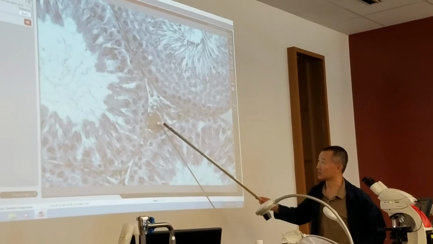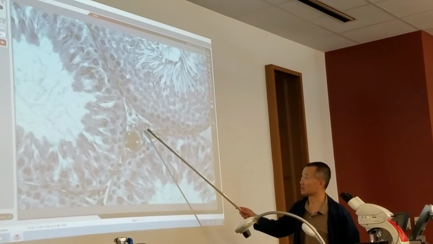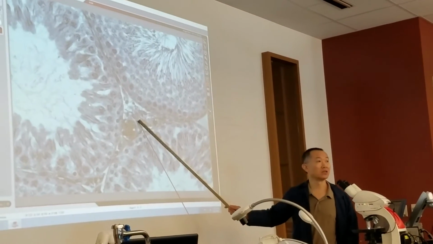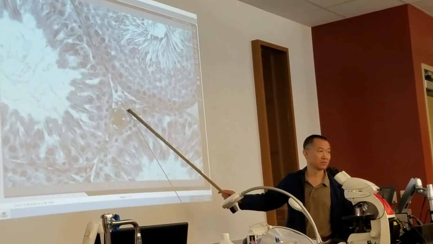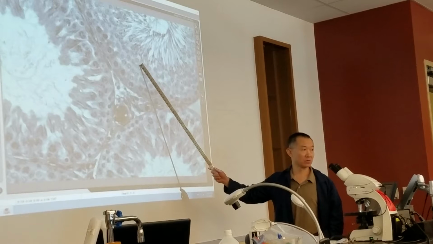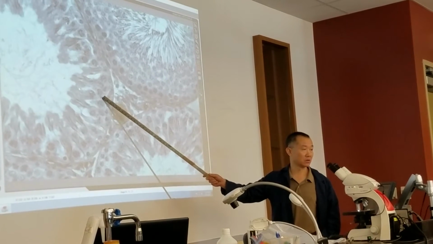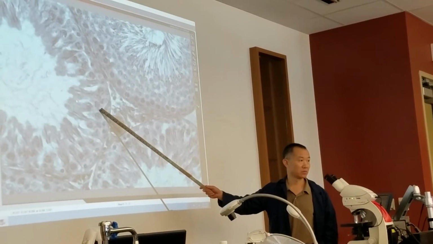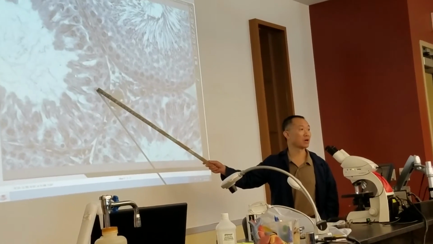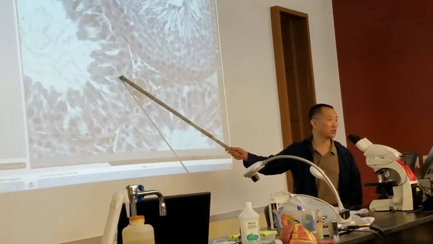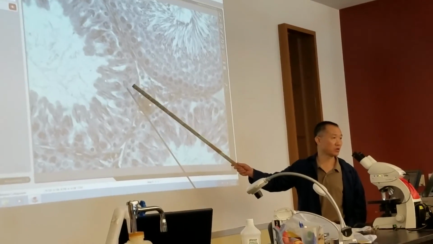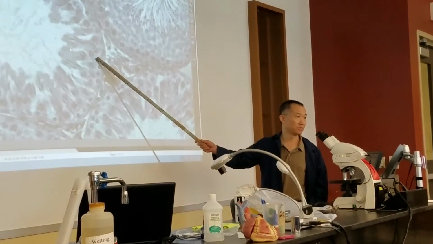This is a blood vessel. This cell, this is the nucleus, interstitial Leydig cell. The vas deferens is the one that carries the sperm. The seminiferous tubules are the ones that produce the sperm. All the sperm is produced from here.